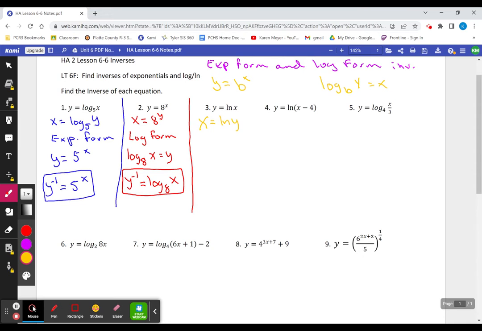So for exponential form, y is going to be the part after ln. So that's our y. The base for ln is always the letter e, raised to the x. And then y is by itself, so I'm just going to put in my inverse notation, and the answer is e raised to the x.